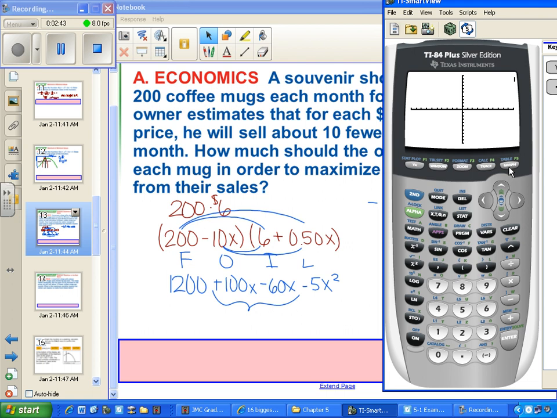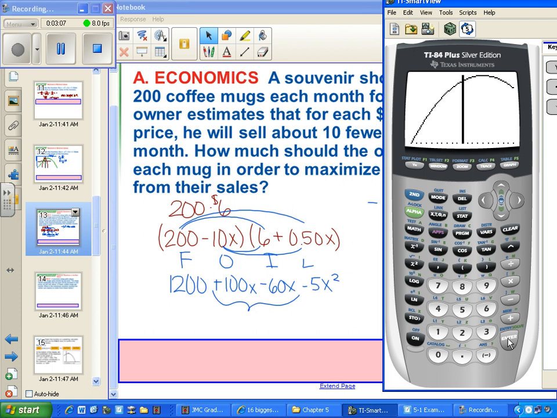Generally with real world problems though, we're going to have to set our window. So yep, nothing showed up. So what we're going to try then is let's see if our zoom options will work. One zoom option that might work, I was on the standard window, so that's not going to work, would be zoom fit. That's one to try. It might work, or it might just give you a good starting point.